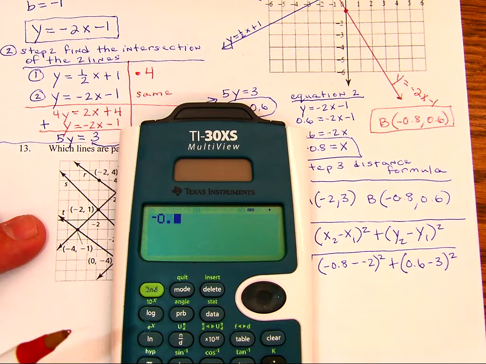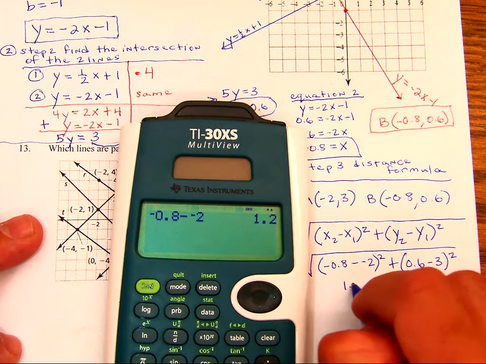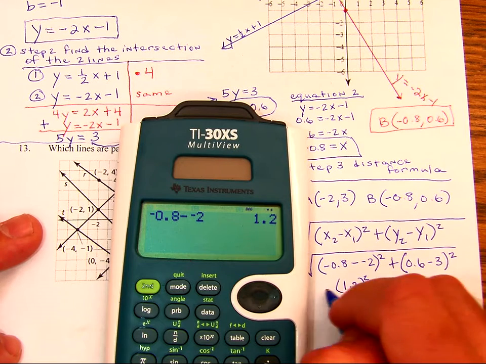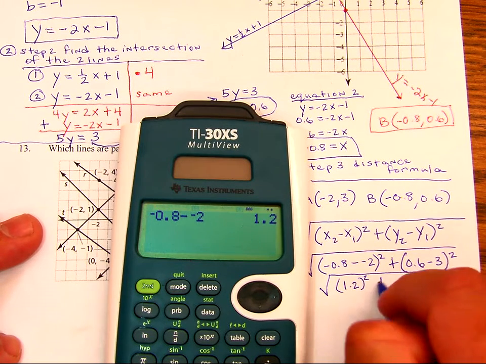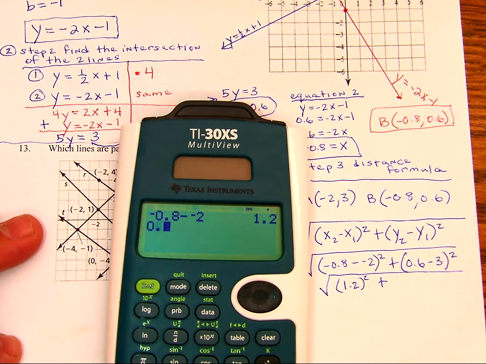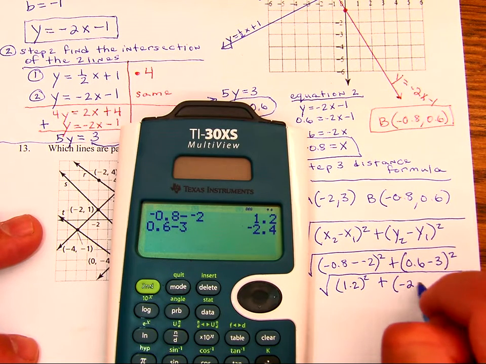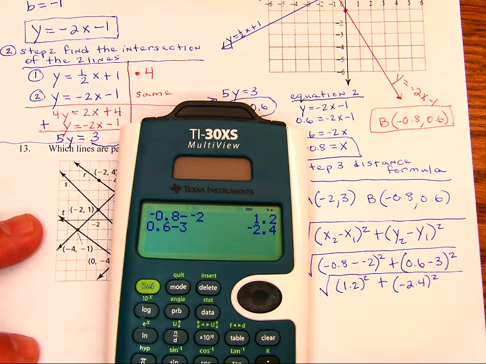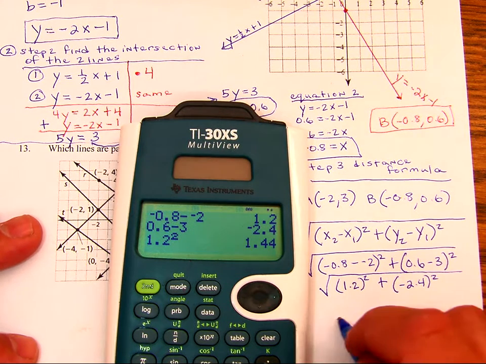Negative 0.8 subtract negative 2 is 1.2. 0.6 subtract 3 is negative 2.4. Okay, 1.2 squared is 1.44.